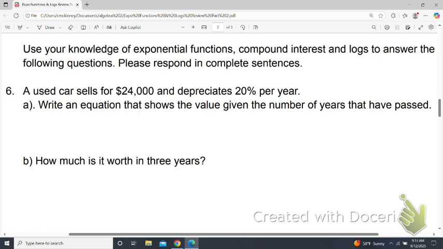But if it says, how much is it worth in 3 years, you can say, it will be worth blank number of dollars and cents. So if it's money, we're going to keep 2 decimal places because we deal in dollars and cents.